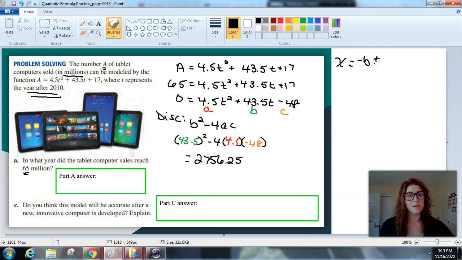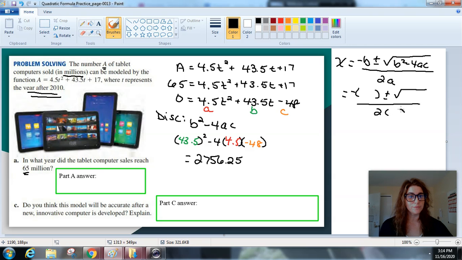Now I'm going to use it to solve. Again, plug in everything I know. My discriminant was that value I just found, so I'm putting in my radical 2,756.25.